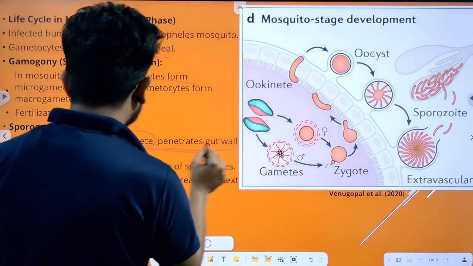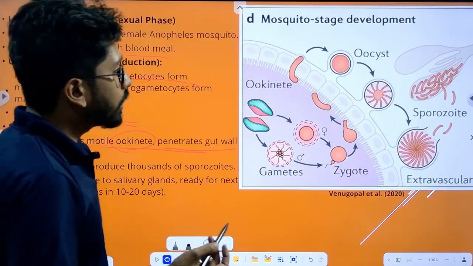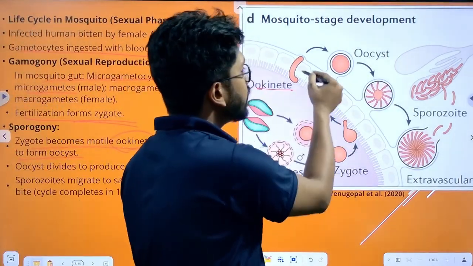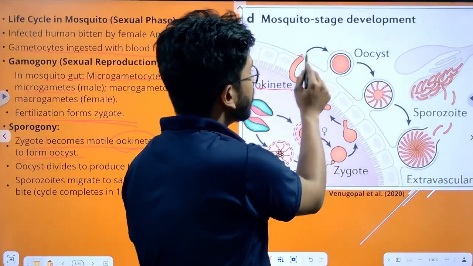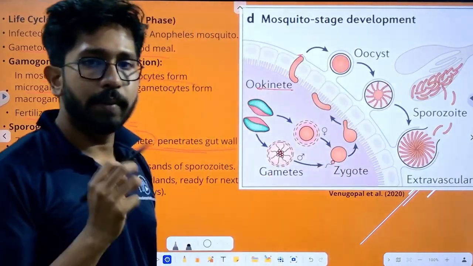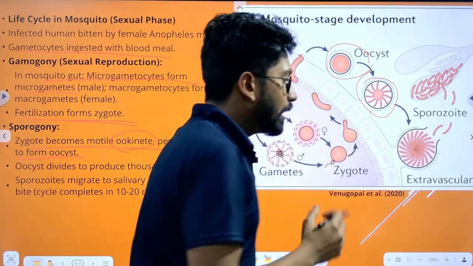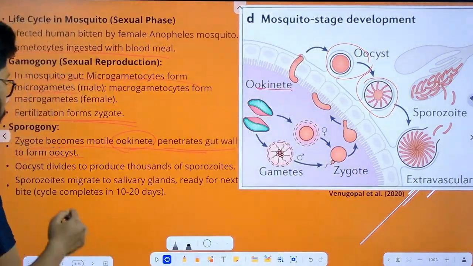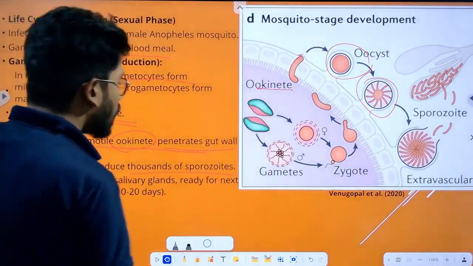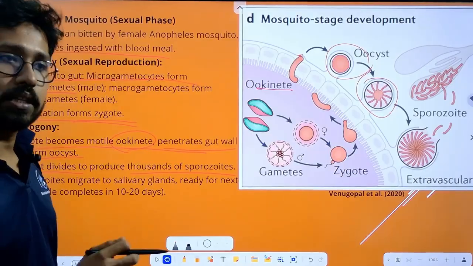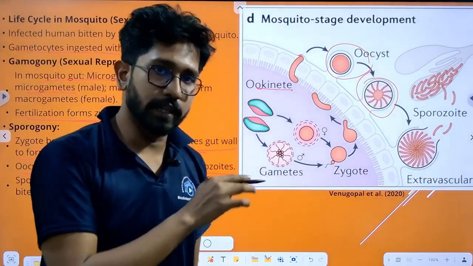This ookinete penetrates the gut wall. See, this is called the ookinete. They will get out, and when going out, they will take a little bit of membrane from the gut and form oocysts. These oocysts will then further develop into thousands of sporozoites. These sporozoites are the ones that infected humans previously, right?